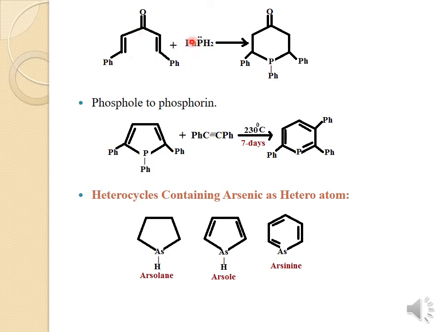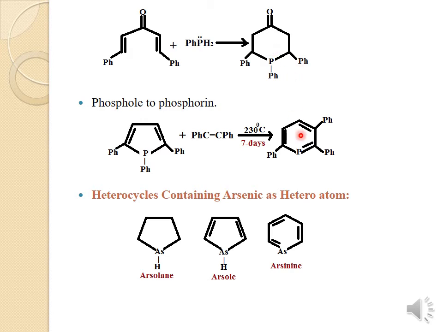If we treat it with the phosphines, you will get the phosphorinane. All right, then moving on to next reaction, from phosphole to phosphorin. Phosphorin is like the benzene ring, where there is a delocalization taking place. Phosphorinane is like an alkane system, there is no delocalization inside the ring.